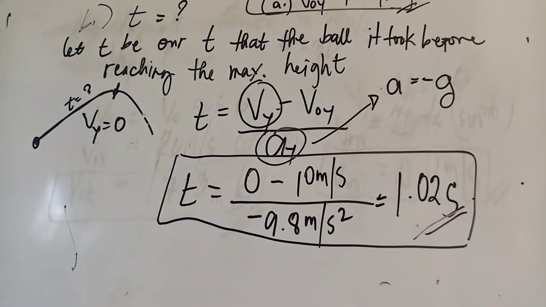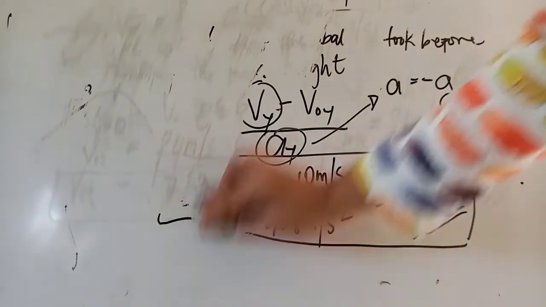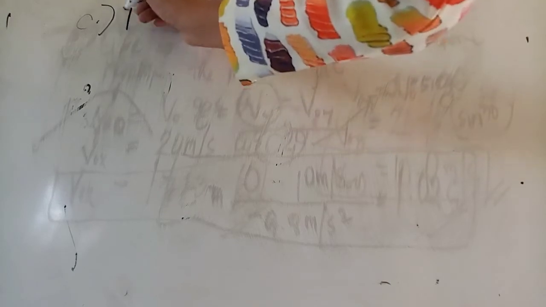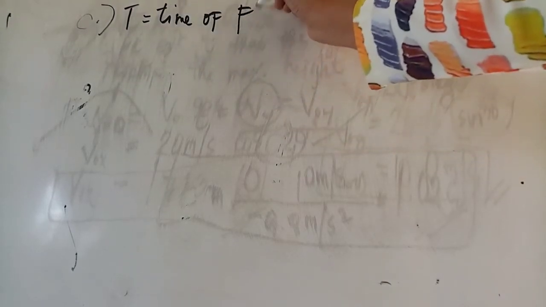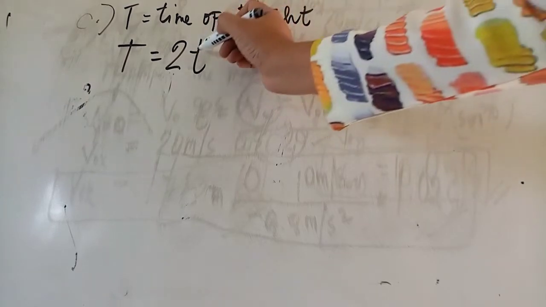For letter C, the time of flight. For letter C, we are asked for the time of flight of the ball from the initial position to its final position. If you could recall how to get the time of flight, we know that T is equal to 2 times the small t.